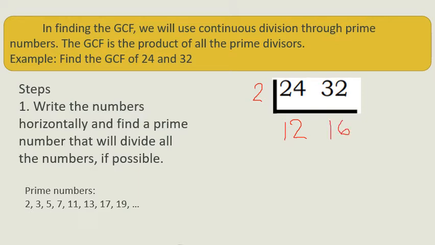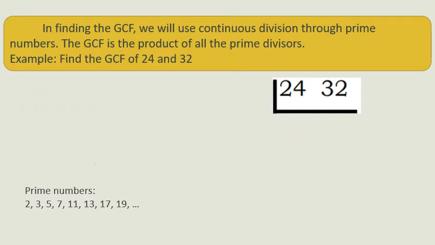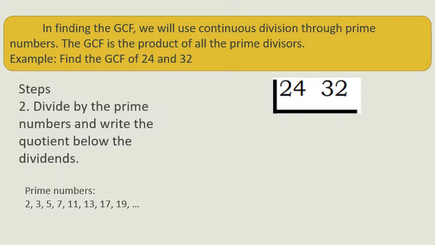Okay, so ganyan po ang ating gagawin. Then, second step natin, divide the prime numbers and write the quotient below the dividend. So, katulad ng ginawa natin kanina. So, ulitin natin. So, ito ay 12, ito ay 16.